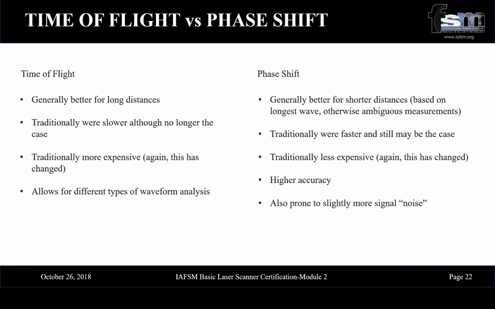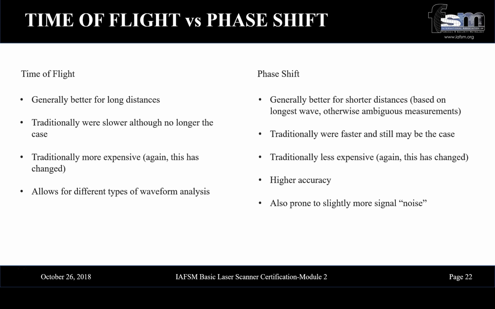Traditionally, these have been somewhat less expensive, but of course this depends on the type of technology in there. They're also somewhat higher accuracy, and you can build these phase-based instruments to get down to very fine accuracies and precisions. Although, and this is just my own experience, they are slightly more prone to noise and different types of effects.